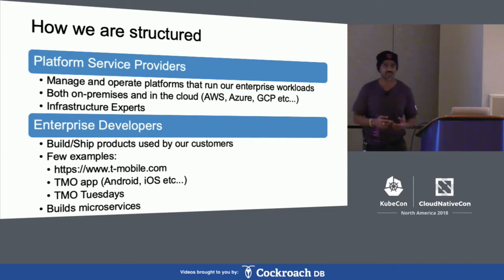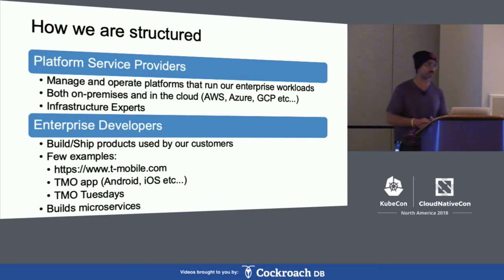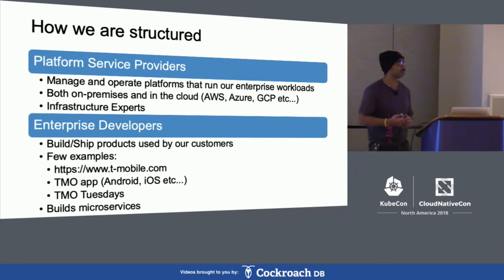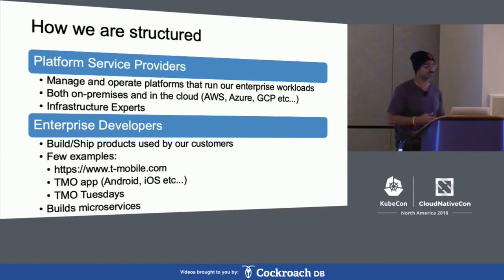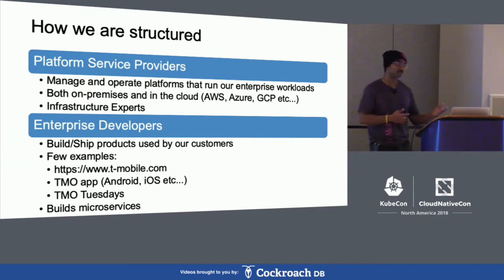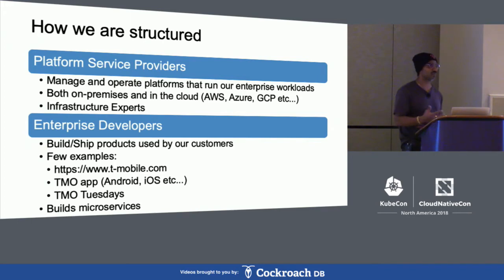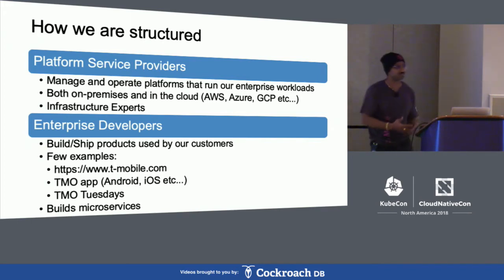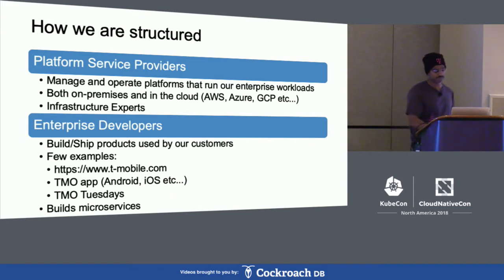A few examples include our website, tmobile.com, our mobile apps that customers use, both Android, iOS, and other platforms as well. We also have an app called T-Mobile Tuesdays. And then there's a bunch of microservices that power all those experiences. So at a higher level, that's the two categories of teams that we have.